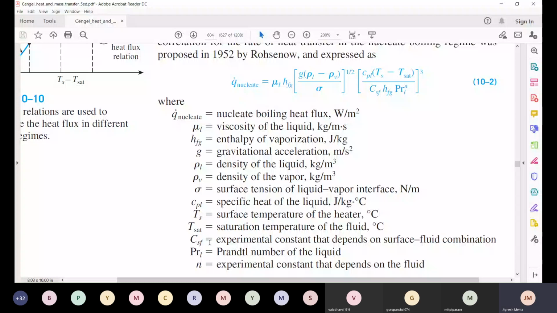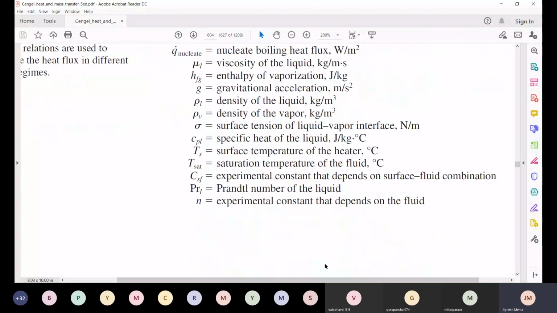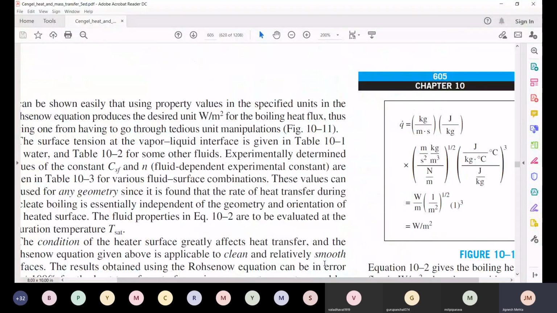Then the Prandtl number of the liquid, and again one more experimental constant which depends upon the fluid. So this is perhaps the most important correlation for boiling phenomena because it is for nucleate boiling, where one might want to operate the system. There are correlations for the other boiling regimes also, but they are comparatively of low interest.